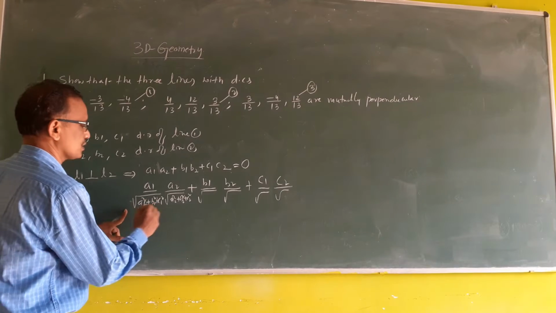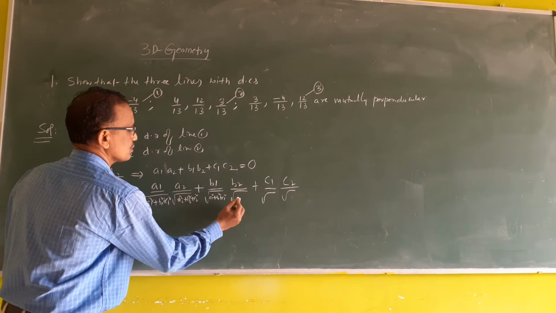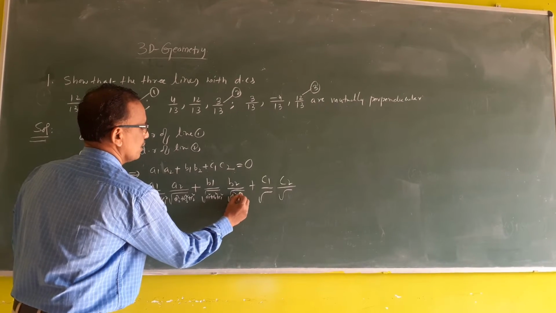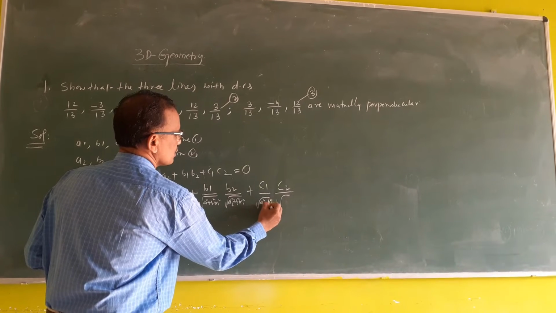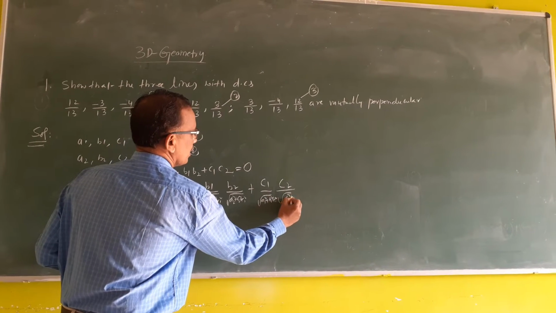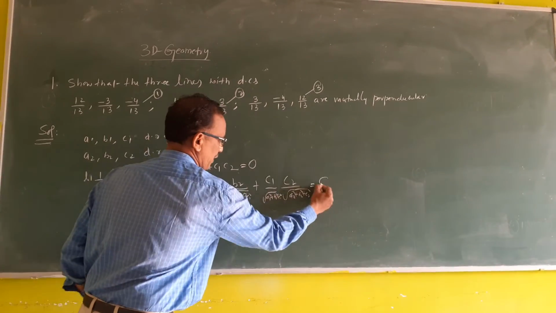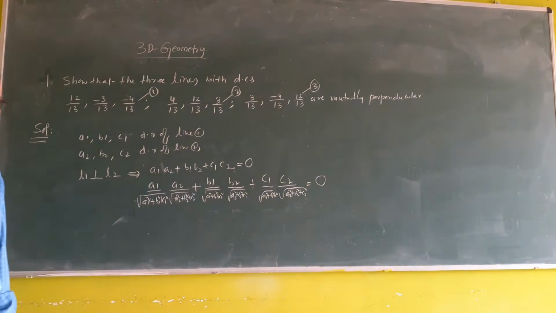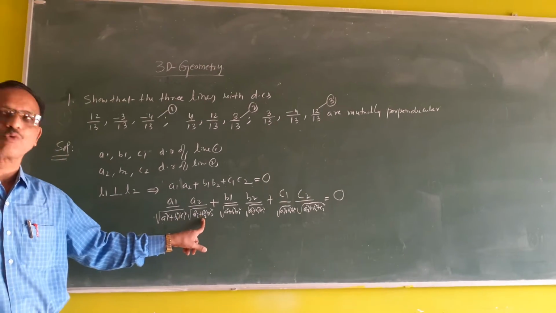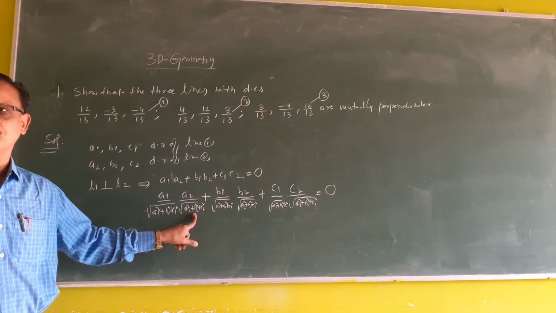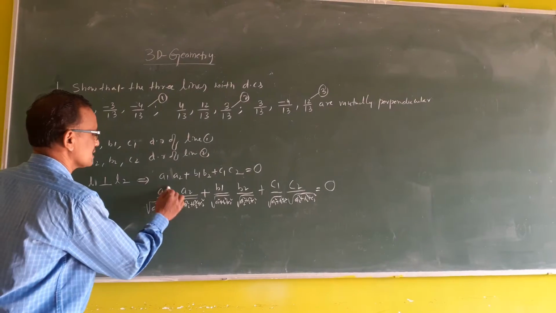Then you divide 0 by this, that also gives 0. So we are dividing both the sides by this quantity. Then what is this?